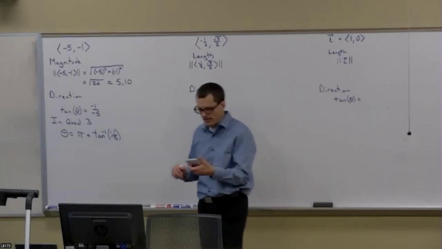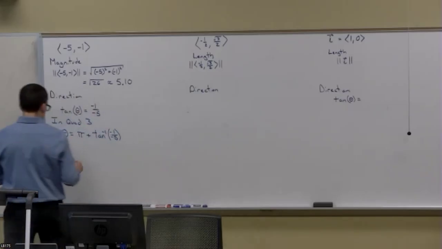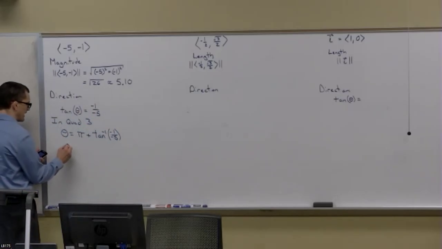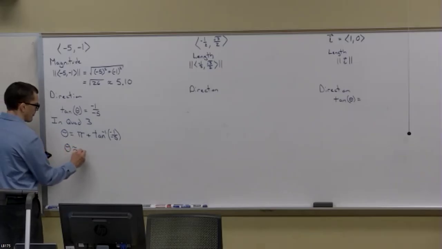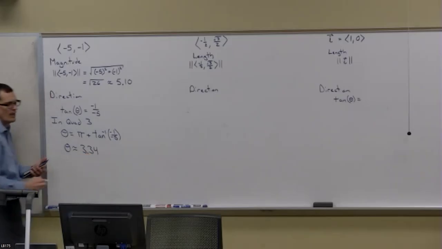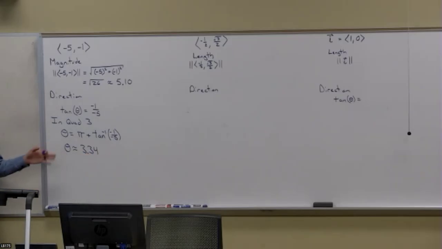When you do that, you end up with about 3.34 radians as your angle. That should make sense because 3.34 is a little above pi, right? Pi is 3.14, so we are in the third quadrant in that scenario.